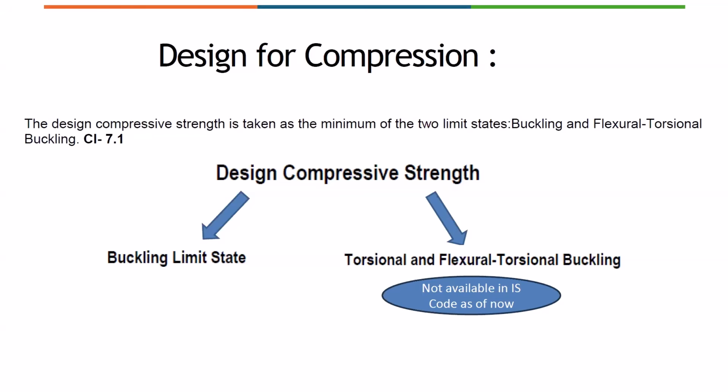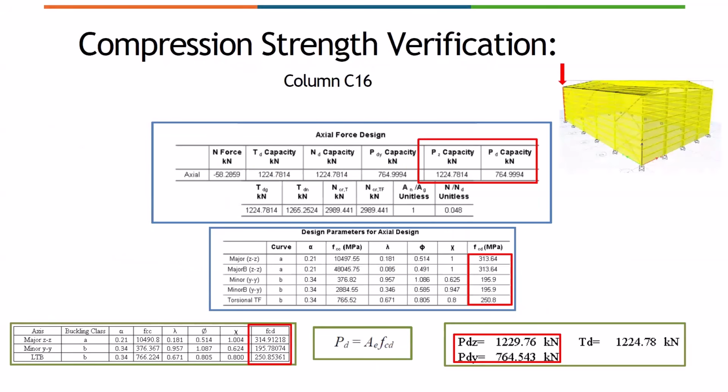The users can accept these values or provide additional overrides in the program. So we have again done the compression strength verification for column C16.